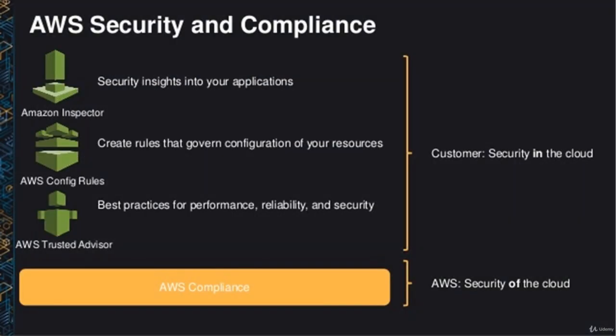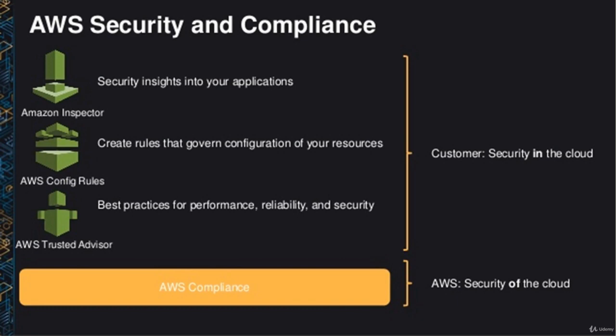It could be compared with a few other security services, be it Config Rules and Trusted Advisor. All three are security in the cloud, based on the customer. This is the role of the customer to provide security in the cloud. But for the security of the cloud, there is the role of AWS compliance and the AWS team themselves.